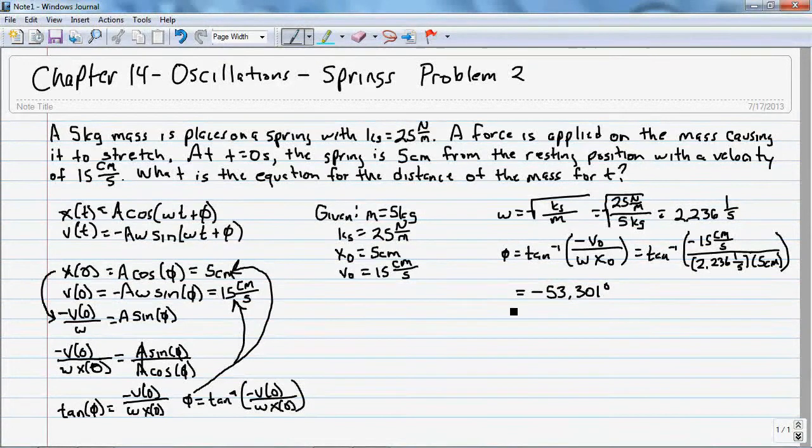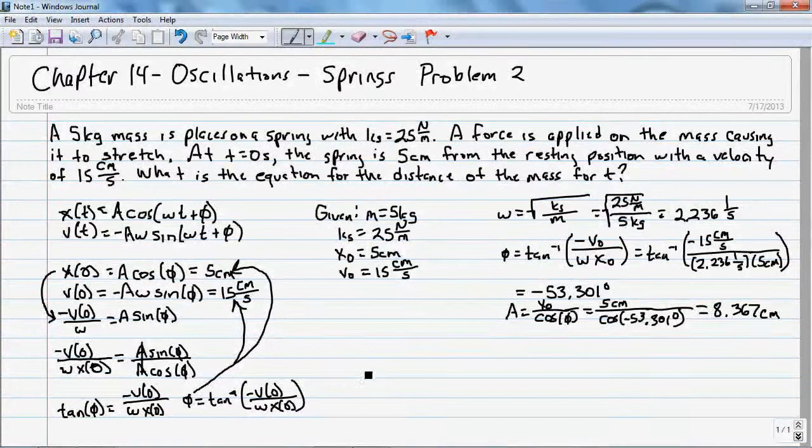And now my amplitude is just going to be my initial x divided by the cosine of phi, and our amplitude comes out to be equal to 8.367 centimeters.